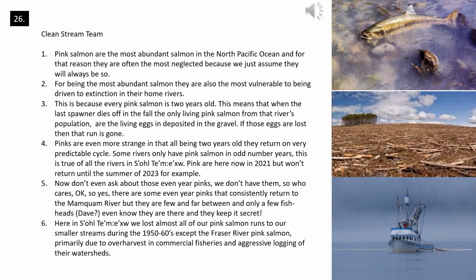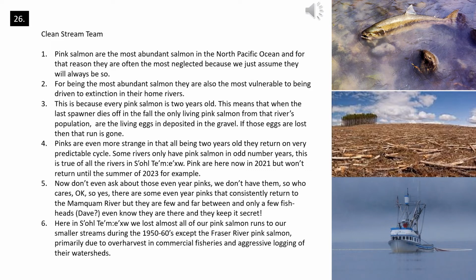So as we discussed previously, pink salmon are the most abundant salmon in the North Pacific Ocean. But for this reason, they're often the most neglected because we just assume they always will be so. What we've discovered, particularly in the developed south in our area, is that these most abundant salmon are also the most vulnerable to being driven to extinction in their home rivers.